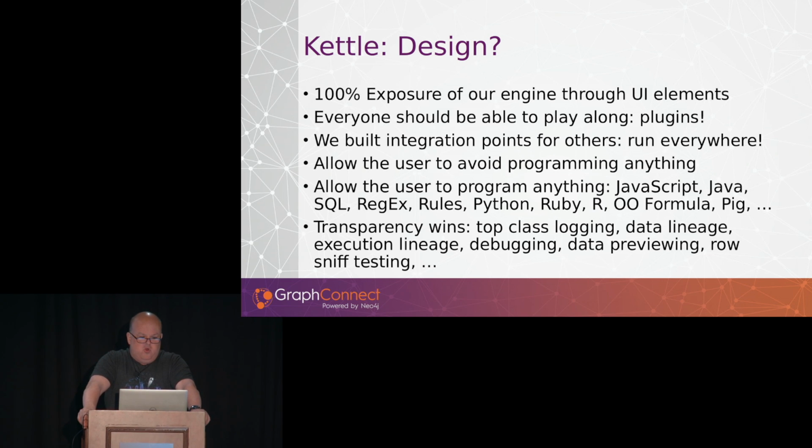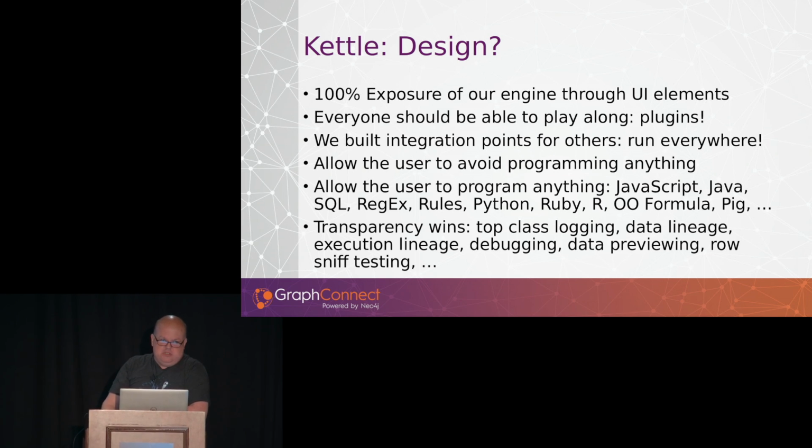The goal is to allow the user to avoid programming anything, so do as much as possible in a UML-like graphical way. But at the same time, we know that that's a pipe dream that never happens. IBM made many attempts to get that running, so we allow the user to program anything in JavaScript, Java, SQL, regular expressions. We have plugins for Python, Ruby, R. There's a lot of that going on.